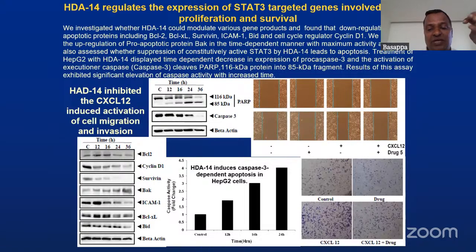These are all functional studies which also explain the cytokine-induced migration and invasion of tumor cells upon treatment with the compound. Naturally, we observed the effect of decreasing cell migration and invasion by the compound.